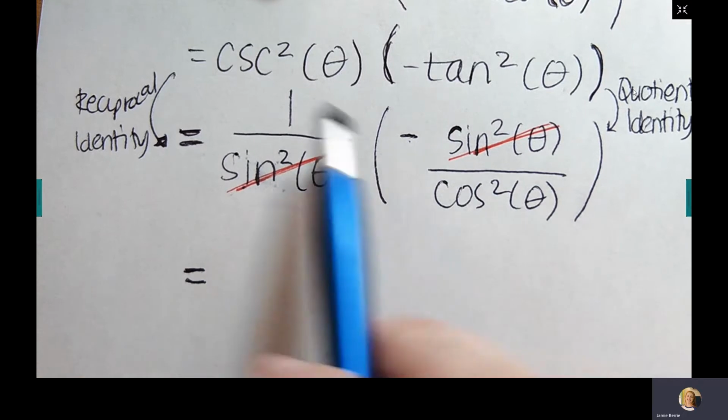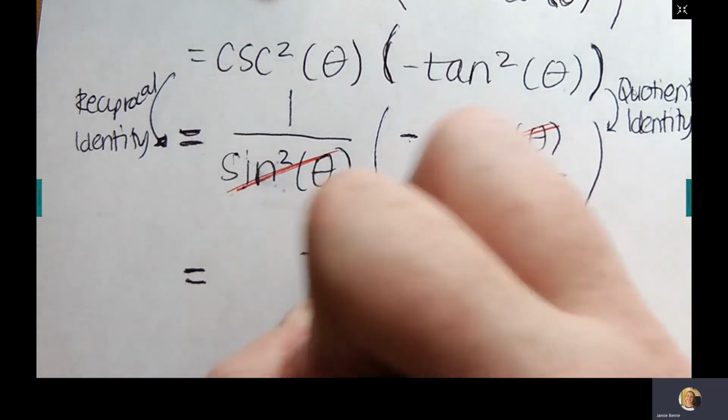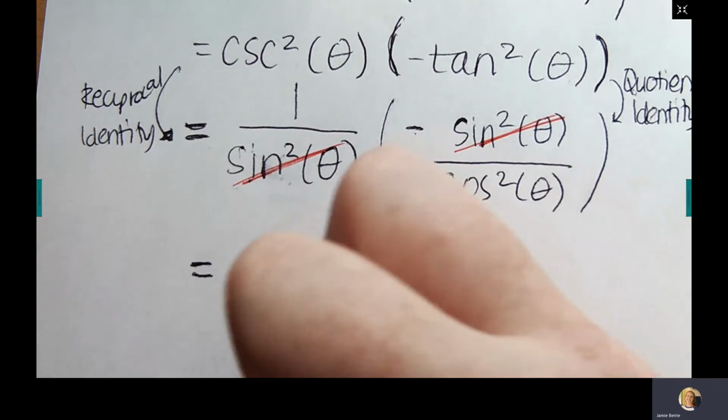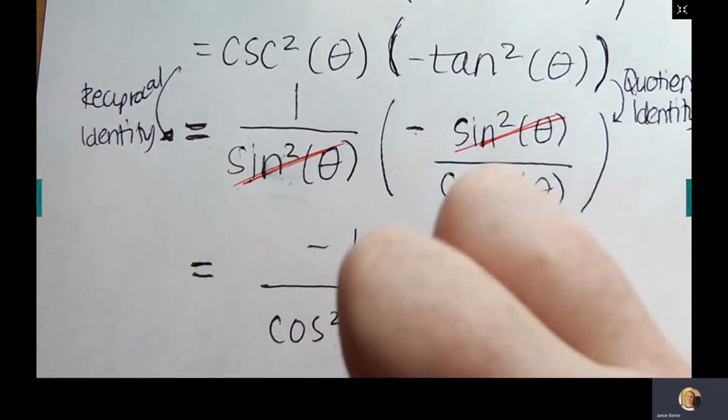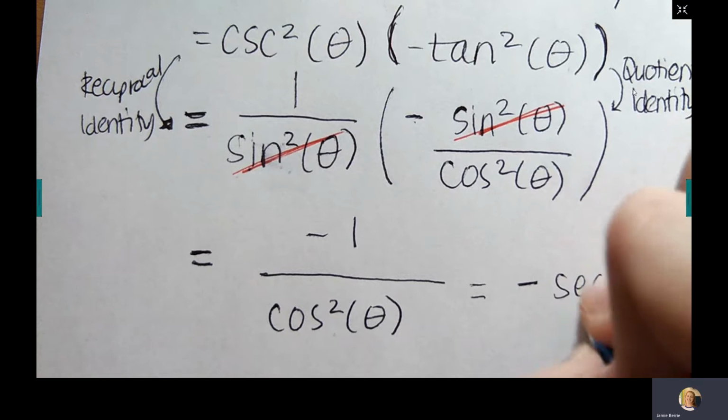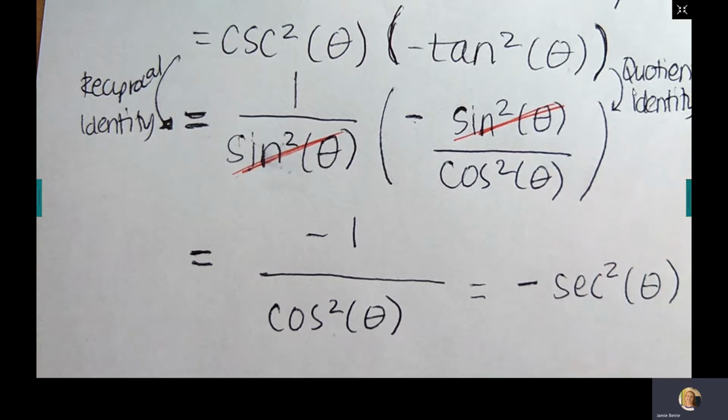All right, so -1 in the top. In the bottom, we have cosine squared beta. Okay. And what's 1 over cosine? Secant. So that's negative secant squared theta.